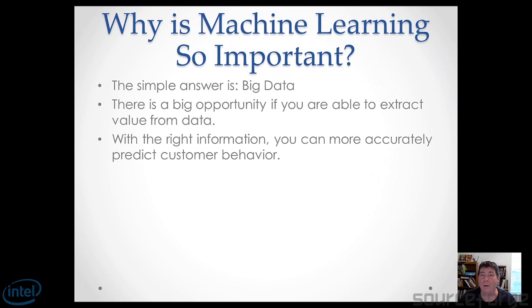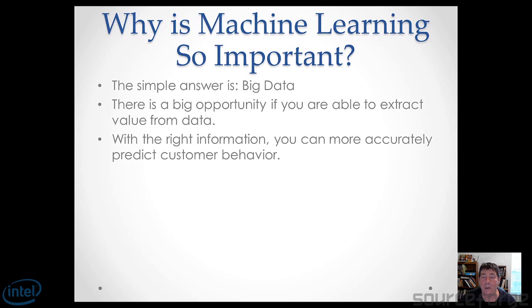So you might be asking the question, why is machine learning so important? Well, there's one very simple answer. Big data. Big data comes from all of the number of people on the internet. They're all doing things. They're making decisions. They're going from this page to that page. They're buying this, then they're buying that. Especially when you consider what you get from sources such as Google search and possibly Facebook.